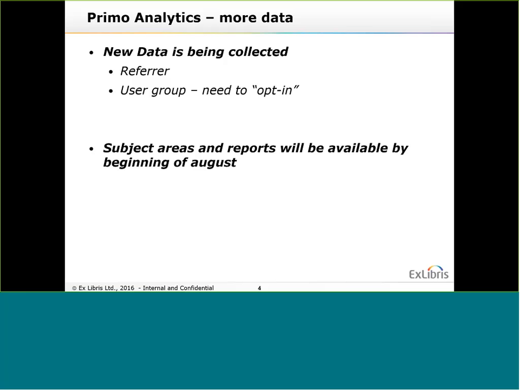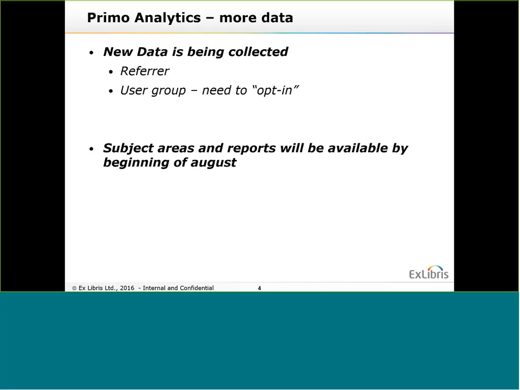So the OBI can be refreshed. We can create new reports, new subject area on monthly releases, same as Alma releases. But to collect the data, this has to be part of Primo releases, obviously, because we are adding more code to Primo to collect the data.